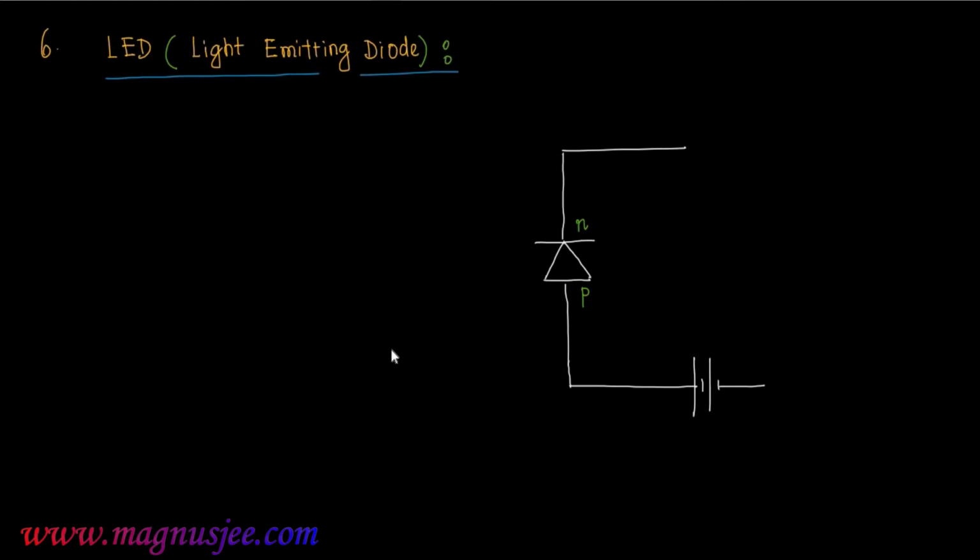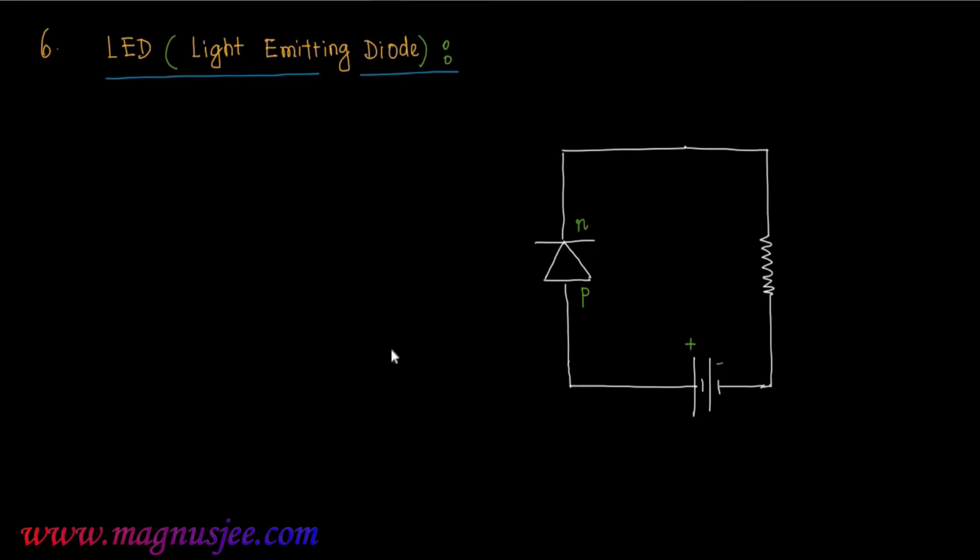And this is the external battery. The external battery has an EMF, with a positive terminal and a negative terminal. This PN junction diode is connected to a load resistance.